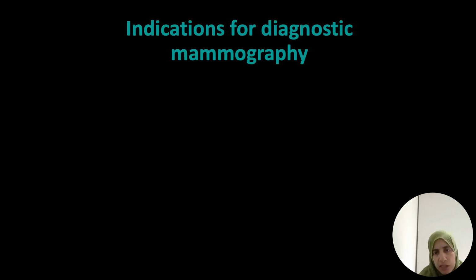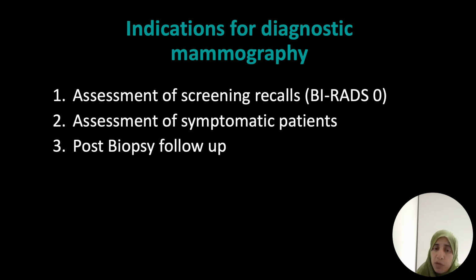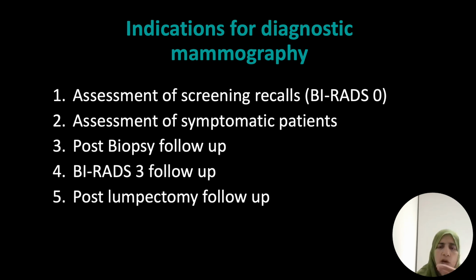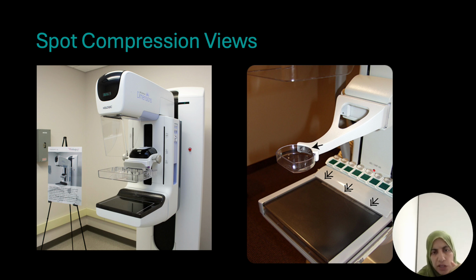Indications for the diagnostic setup are symptomatic patients, or patients who have been screened and we found something, either it's BI-RADS 0, or a patient who had a biopsy and we need to make sure that it's stable and do follow-up, a BI-RADS 3 lesion which is probably benign and will bring them in 6 months, a patient who had a lumpectomy for follow-up, and other indications.